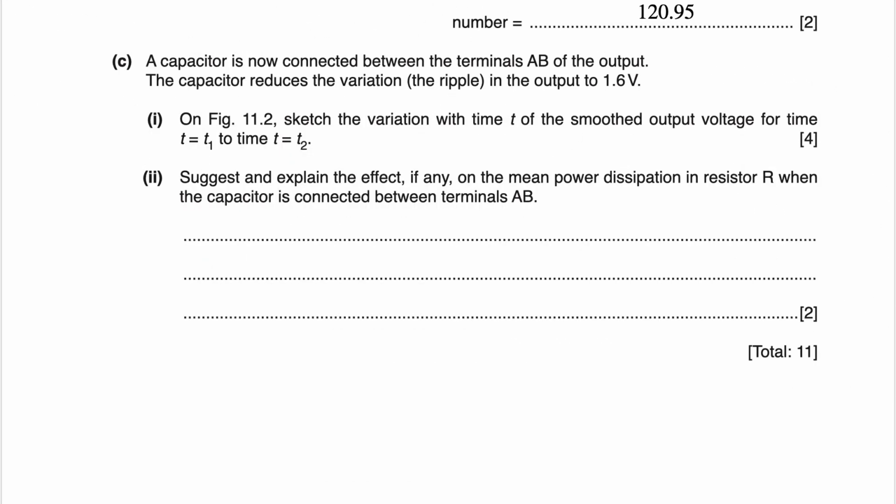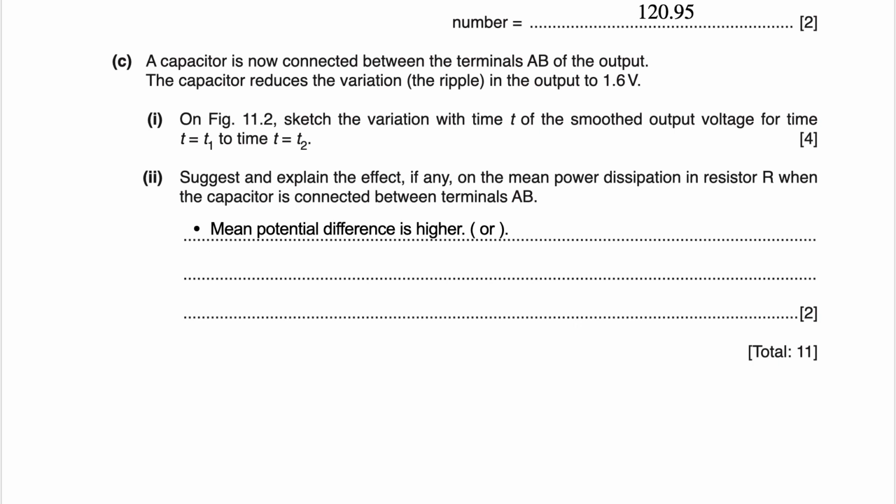Second, suggest and explain the effect, if any, on the mean power dissipation in resistor R when the capacitor is connected between terminals A, B. So what will happen? The energy is now stored, so the mean potential difference will be higher.